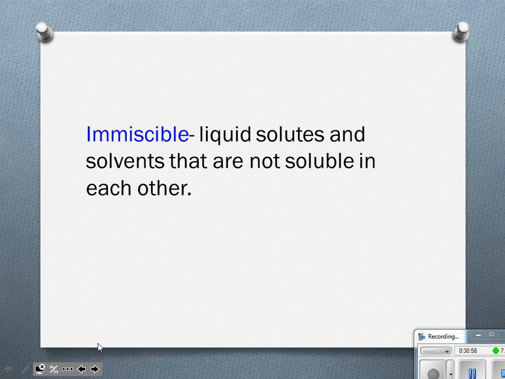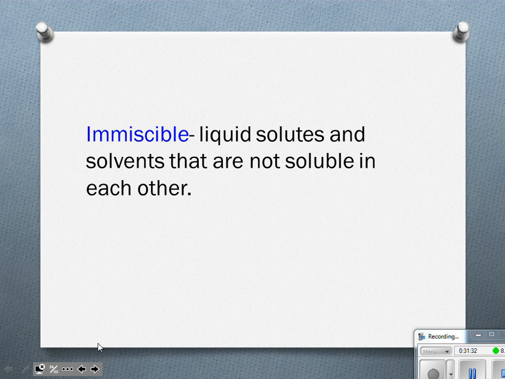Immiscible. Oil and water are immiscible liquids. Well, what's an immiscible liquid? It's where the solutes and the solvents are not soluble.